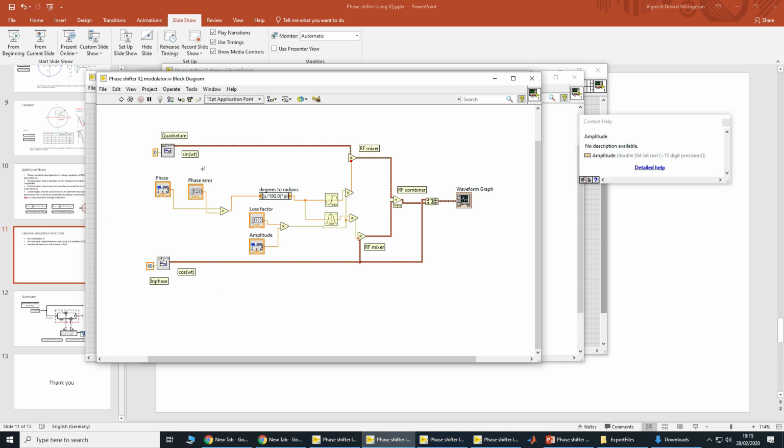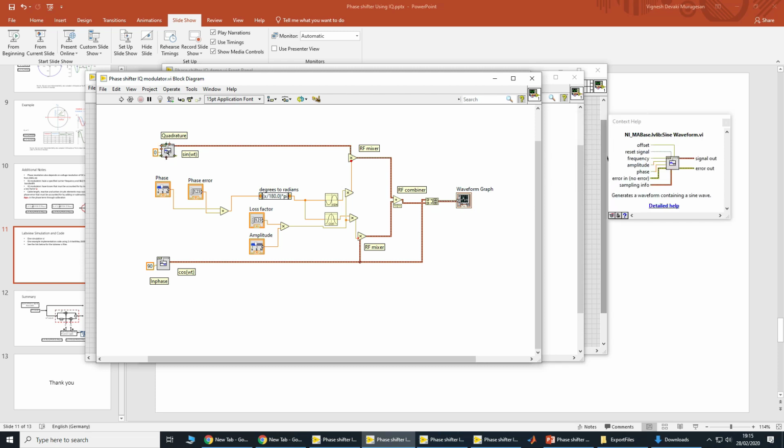Here we have the quadrature waveform generated by using a signal generator, and then it goes to the RF mixer, which is a simple multiplier, and similarly we also have an in-phase component cos omega t, which also goes to the RF mixer, and a part of it goes out as a reference waveform.